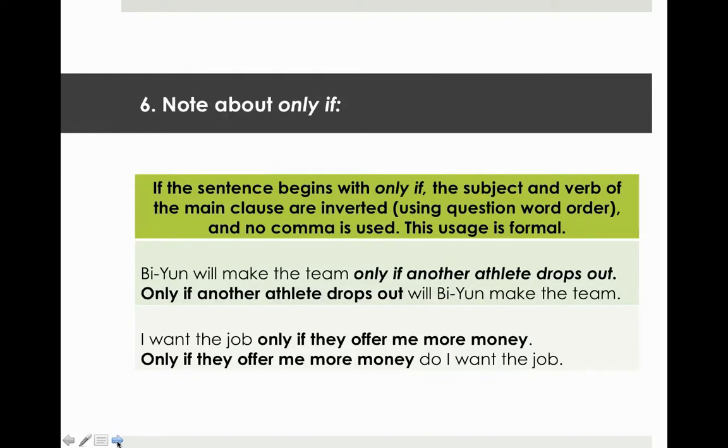Note about only if. If the sentence begins with only if, the subject and verb of the main clause are inverted using question order and no comma is used. And this is a kind of formal expression, one of these things that you don't need to know how to form yourself, but you need to know what it means when you hear it. Biyun will make the team only if another athlete drops out.